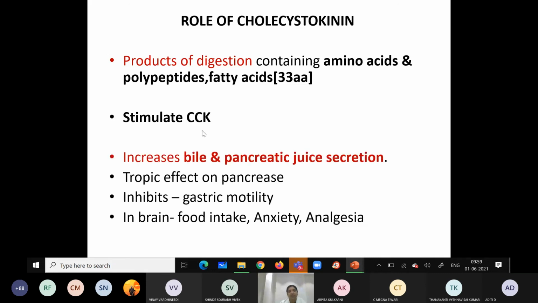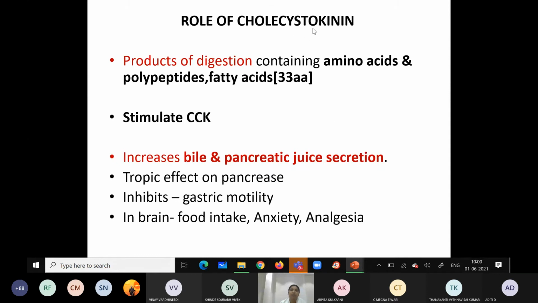The function of CCK is that it increases bile as well as pancreatic juice secretion. It has a trophic effect on the pancreas, meaning cholecystokinin helps in the growth and functional synthesis of pancreatic cells also. Then it also inhibits gastric motility, and another important function of cholecystokinin is that it is found in the brain, where it influences food intake and controls anxiety and analgesia.